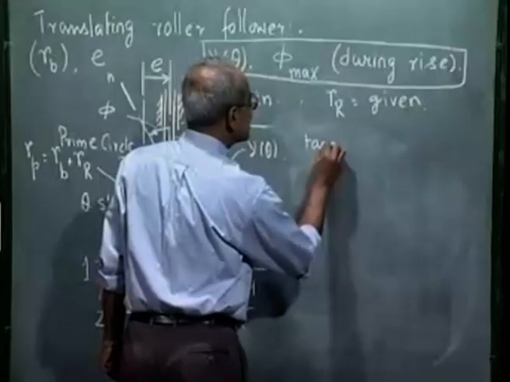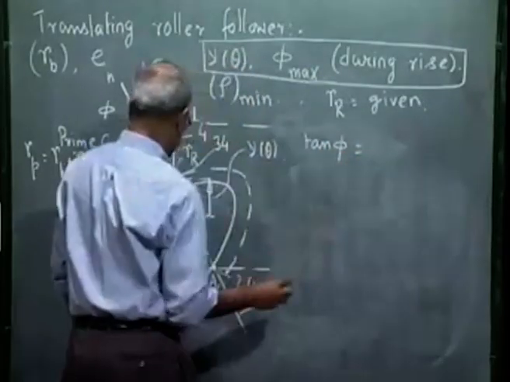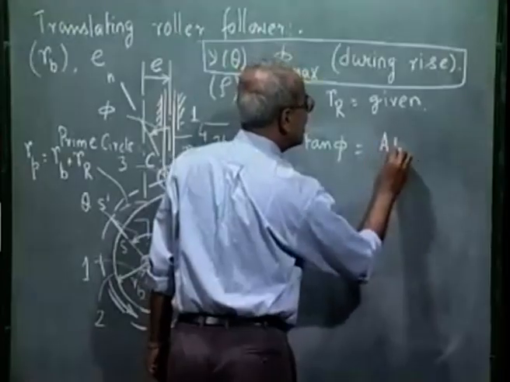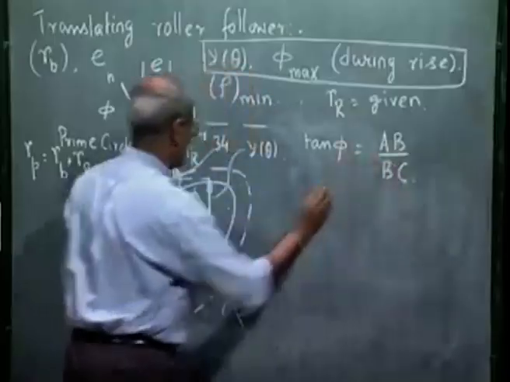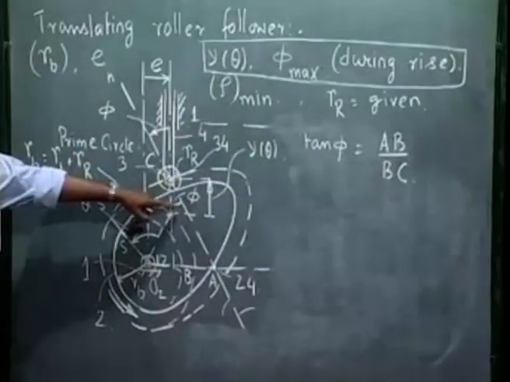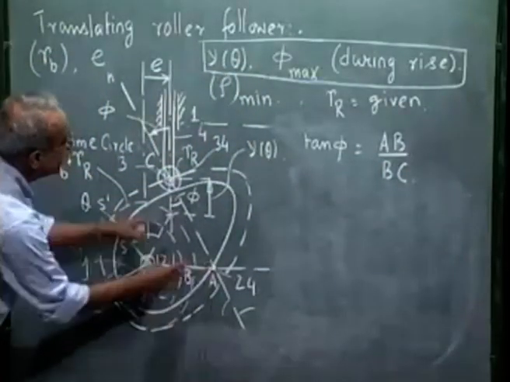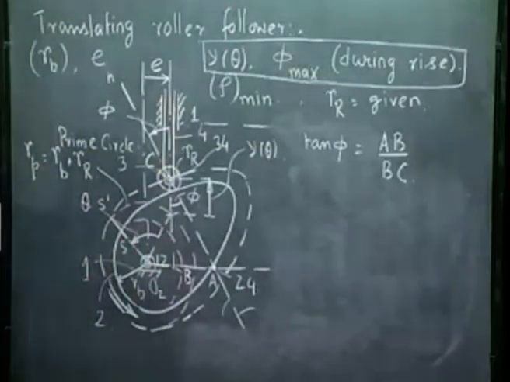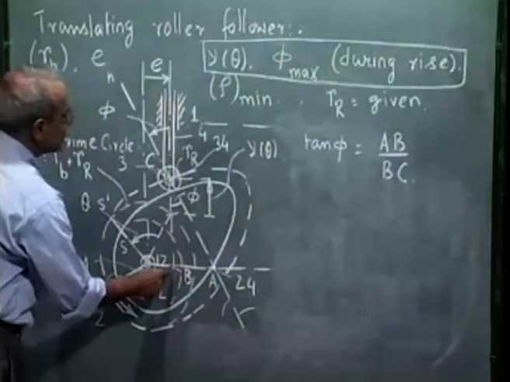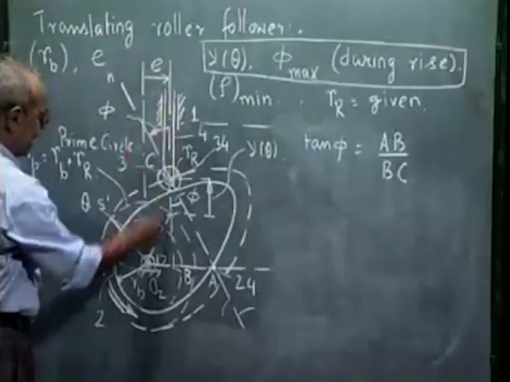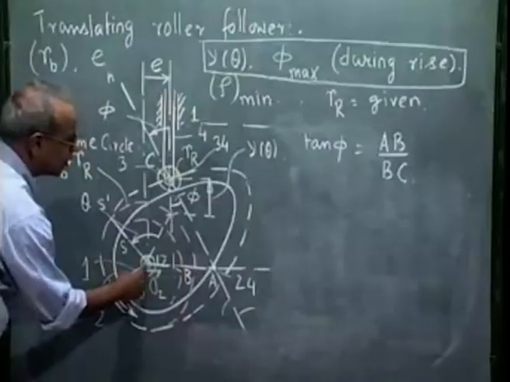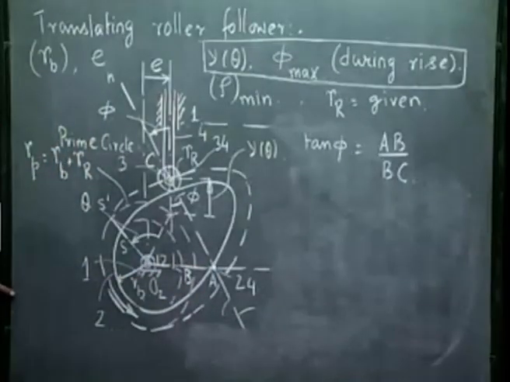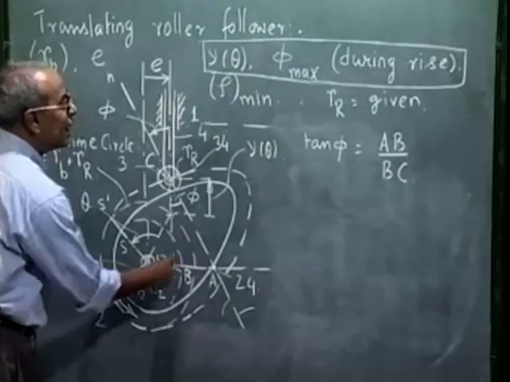If phi is the pressure angle, then tan phi is AB by BC, where A is 2, 4 and B is the point of intersection of the guide of the follower with the horizontal line through O2, that is the line joining O2 and 2, 4. Now let me see what is AB.